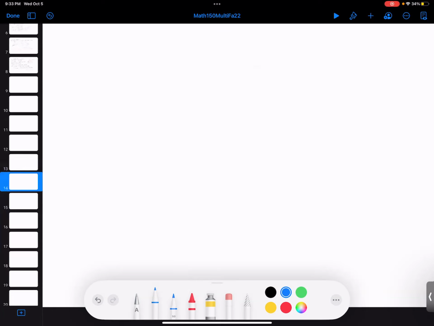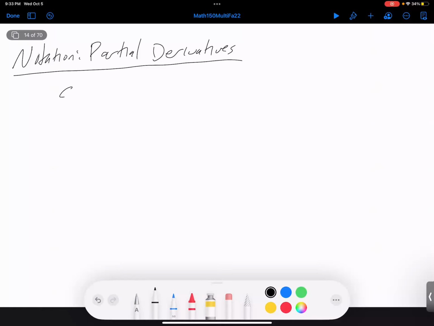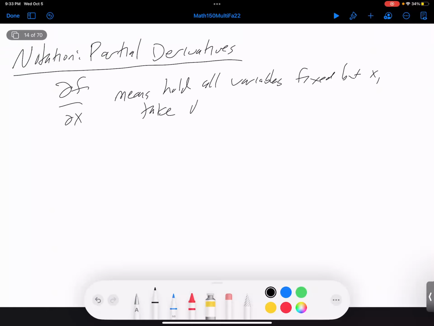And so now we're going to just introduce some notation. We talked a little bit about partial derivatives. We saw this when we did the method of least squares. So df dx, this means partial, means hold all variables fixed but x, and then take the derivative with respect to x.